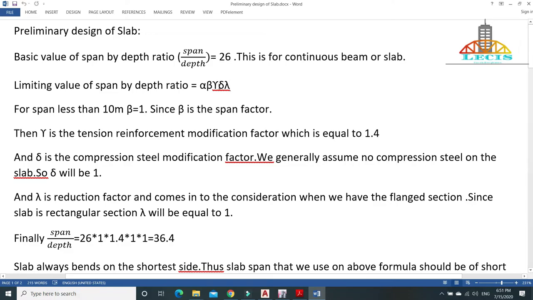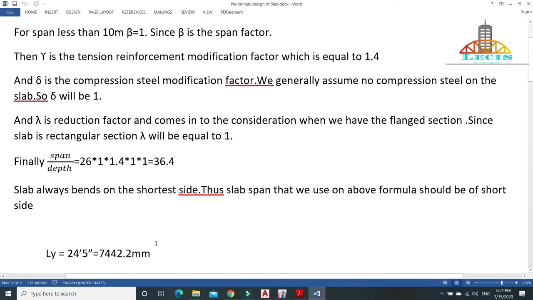Del is the modification factor for compression reinforcement, which we assume to be 1, as there is never a significant compression reinforcement in the slab. And the slab is a rectangular section, so the reduction factor will be 1. Ultimately, the span by depth value comes as 36.4. So we can use this 36.4 span by depth value to find the depth of the slab.